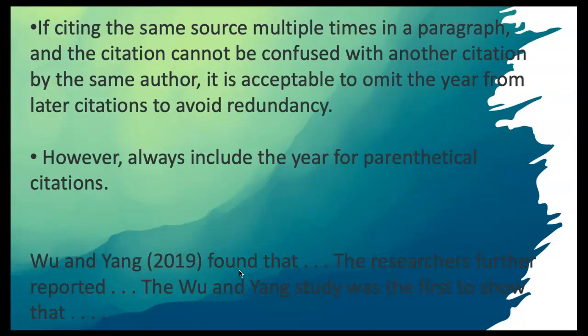You can do either way. You can either start with the author's name, or you can just cite your source first and then put it in the end. So in the end, you can just write the author's name and year, like I showed you earlier. So when you have two authors and you are doing a narrative citation, you would put the exact word "and" between the two authors, and then you're going to put the year of publication in parentheses, and then you'll say argued, found, or whatever.